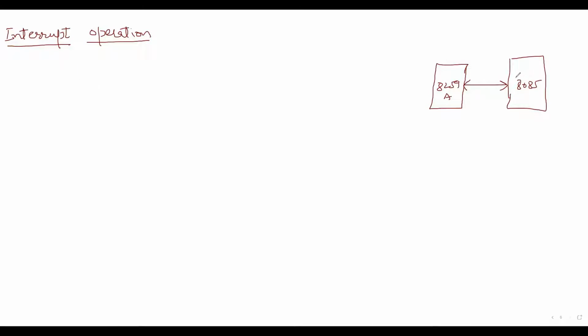We know that in microprocessor 8085, interrupts are enabled by the EI instruction, the enable interrupt instruction. What this instruction is going to do is set the interrupt enable flip flop in 8085.